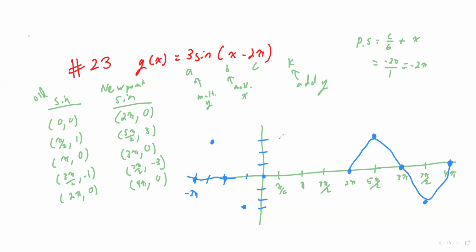But if I kept this pattern going, notice I get right back here as well. So even if I would have subtracted 2 pi, I would have gotten a correct portion of the graph. But what's really happening is this original graph here has now moved over.